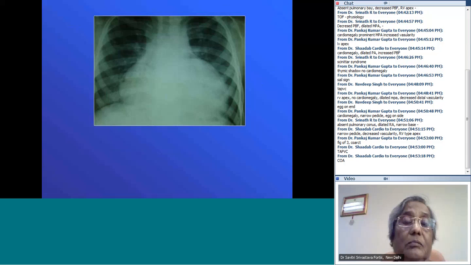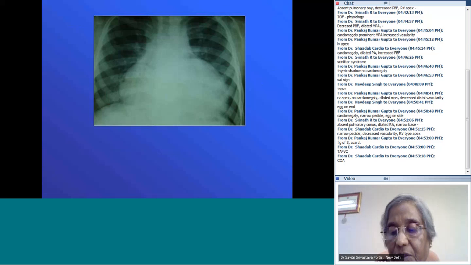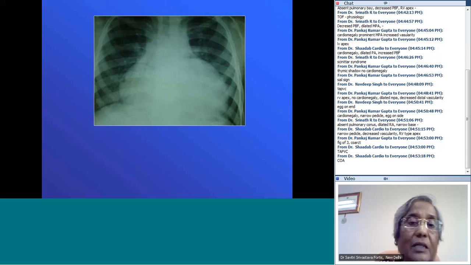Again, this X-ray is interesting. I'll give you a hint to concentrate on 2 areas, and then you might get the diagnosis. Concentrate on this area and concentrate on this area. And if you concentrate and see, probably you'll get the correct diagnosis.